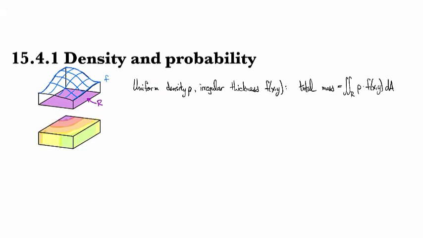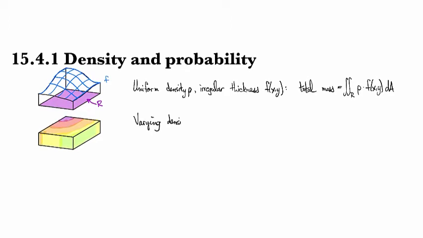So now in this case, we have a varying density.